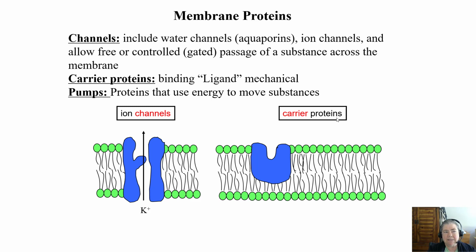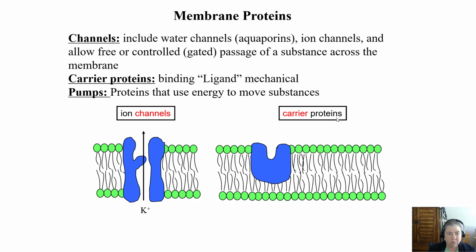There are channels that are specific for ions, and those channels may either allow continuous free passage of an ion, or they may be controlled or gated, and we'll talk about how they may be gated in a few minutes.